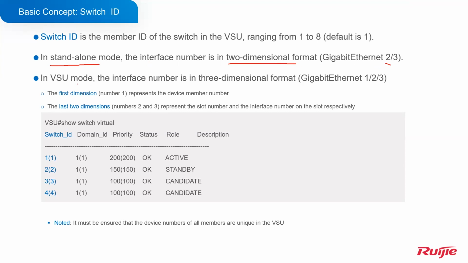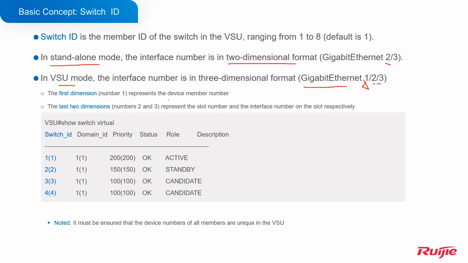But if you change to VSU mode, you also have to distinguish which device, which slot, and which port number. So we have a 3-dimensional format, like GigabitEthernet 1/2/3. The first one is the switch ID, the second one is the slot ID, and the third one is the port ID.